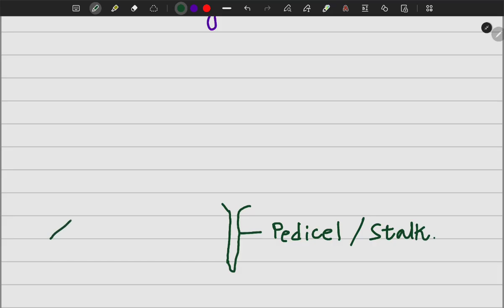Just like the leaf had a petiole which connects the leaf to the stem, similarly the flower has pedicel that connects the flower to the stem. Pedicel is also called a stalk. Now at the top of this pedicel is a swollen portion.